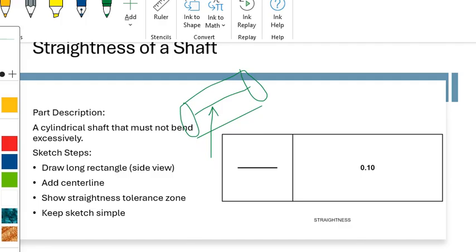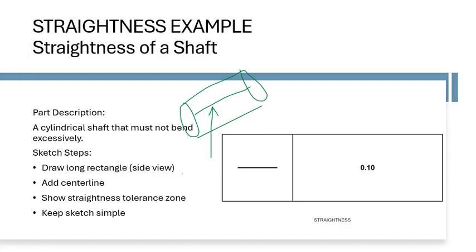Here is your straight wall, and we have to make sure that it is straight. So we usually get just a line edge in there, and then we want to make sure that it is within the tolerance zone. So here straightness, the symbol is this, and the tolerance zone is 0.10.